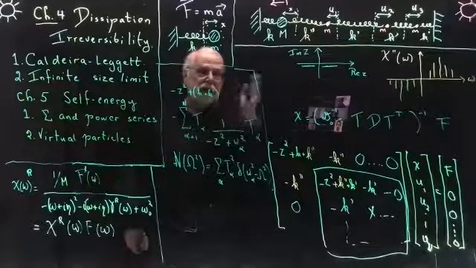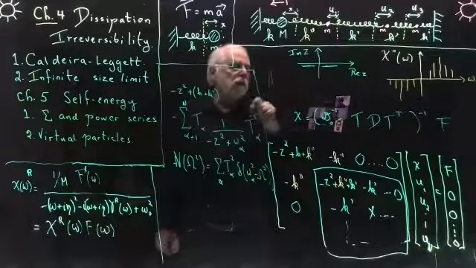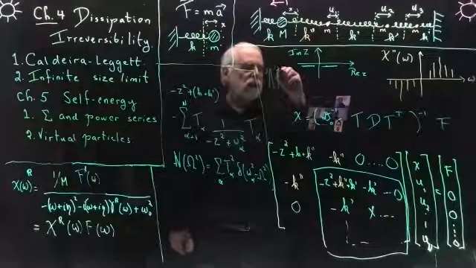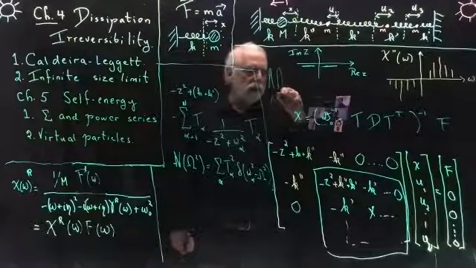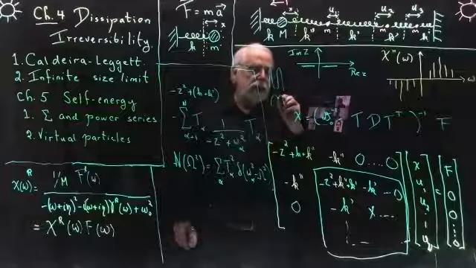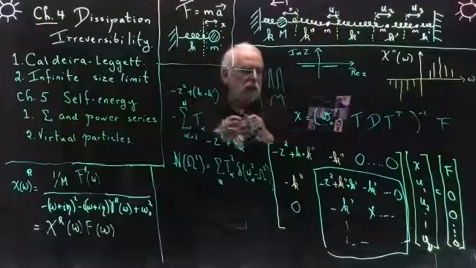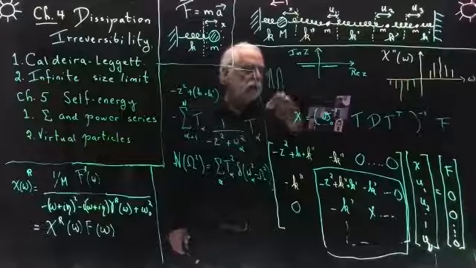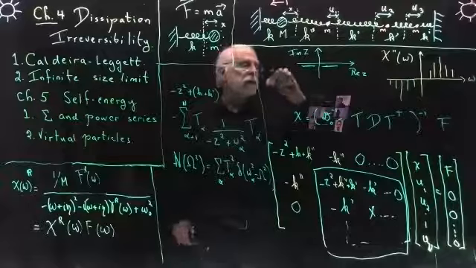It's as if in the infinite size limit, this set of Lorentzians that become delta functions when eta goes to 0 get close together, and the system is so big that I cannot resolve the energy difference between the eigenmodes. So I go from a Fourier series to a Fourier transform. The infinite volume limit is what gives me irreversibility.